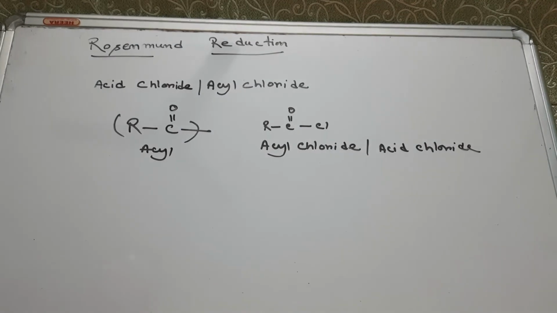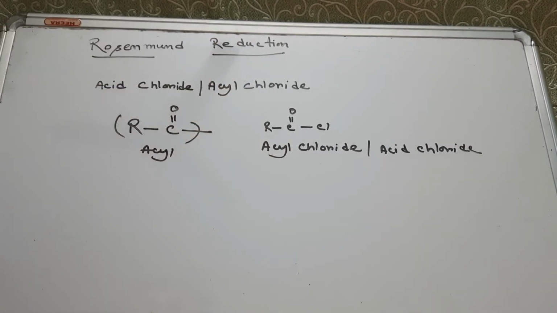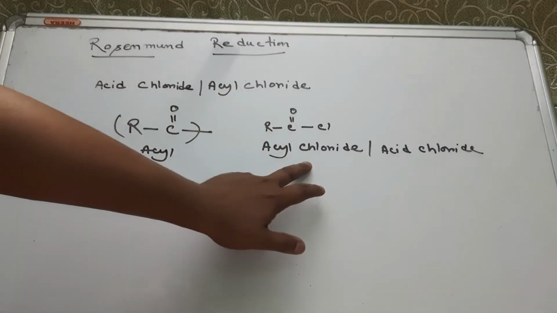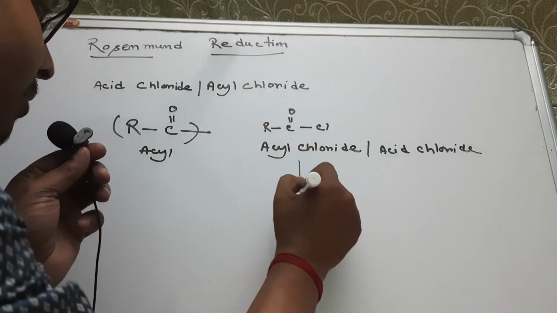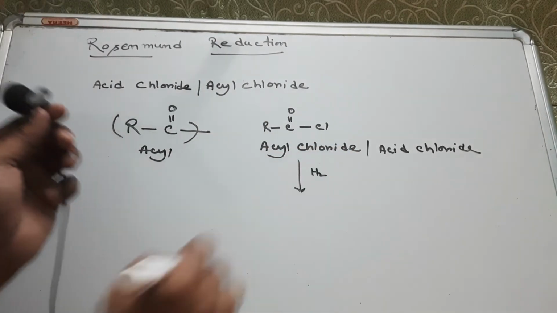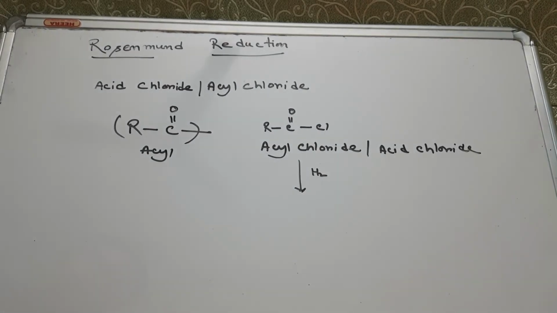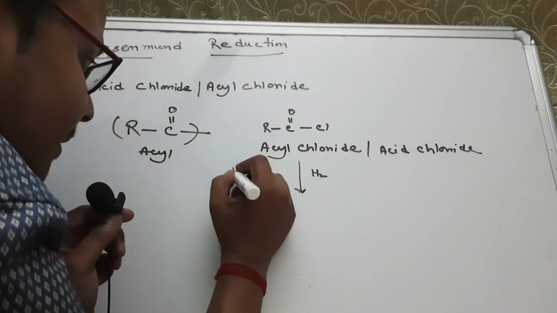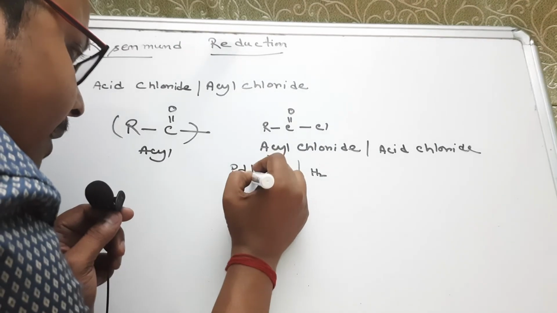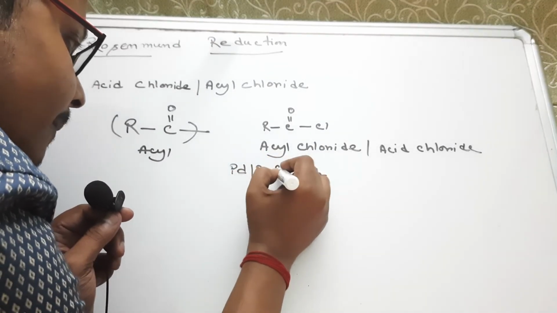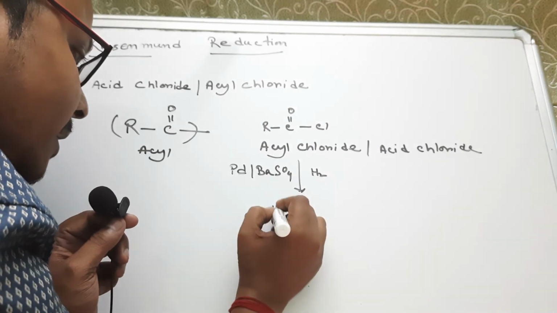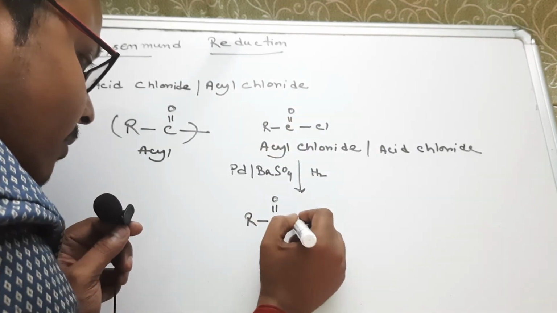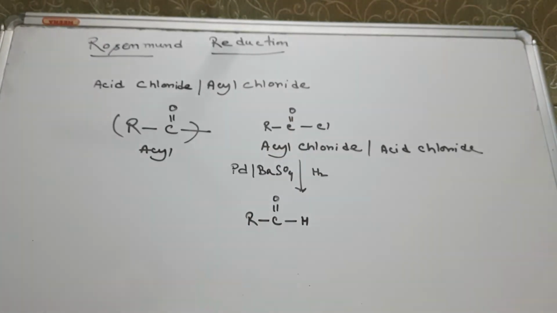So this is the main reagent of the Rosenmund reduction. If you reduce the acid chloride or acyl chloride by reduction, meaning use of hydrogen in the presence of palladium, platinum or nickel, here palladium and barium sulfate, in place of Cl you get hydrogen.